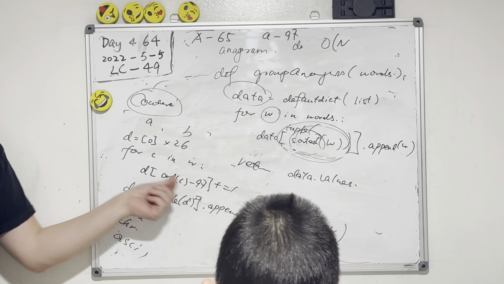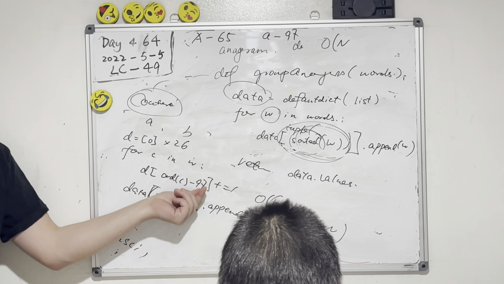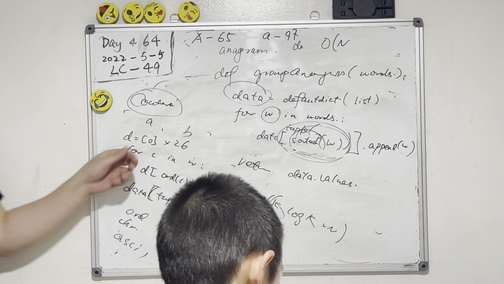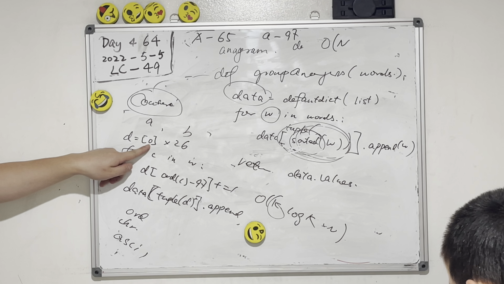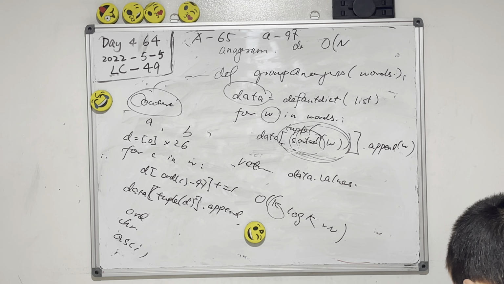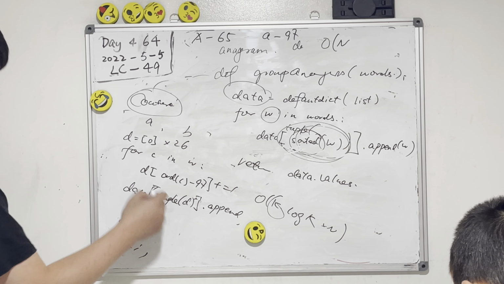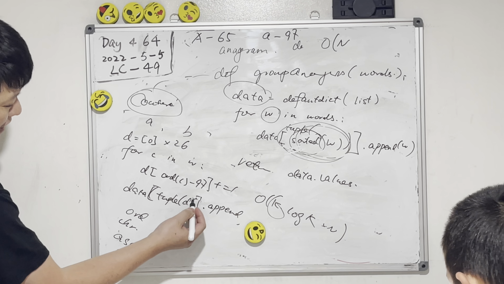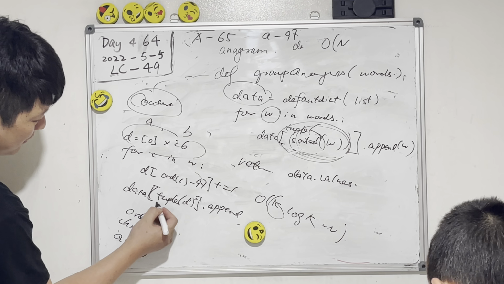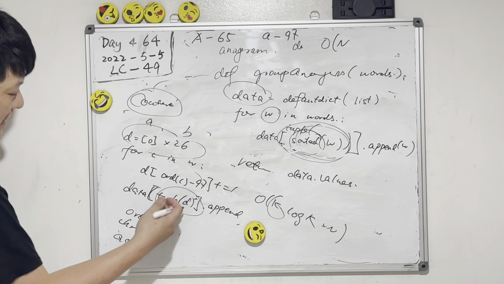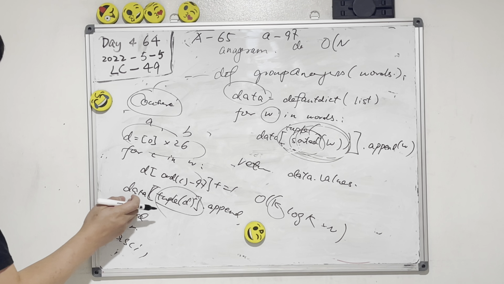Minus 97, because lowercase a is 97, gives 0, corresponding to the first element. So instead of sorting, we count, and then we convert the array to a tuple and use it as a key to the dictionary.